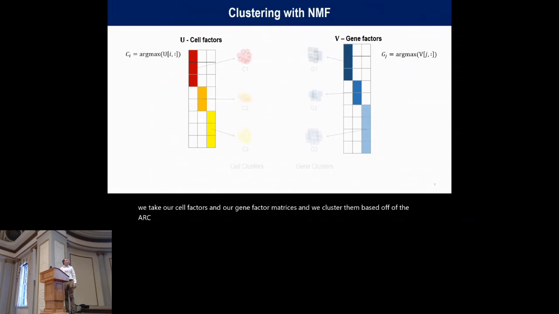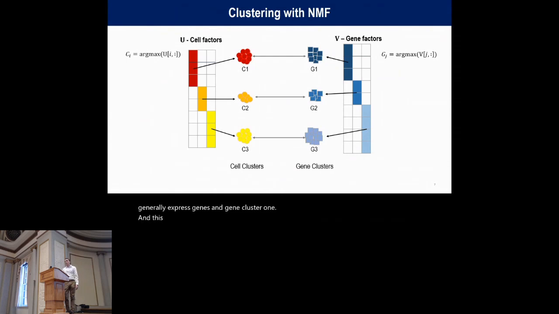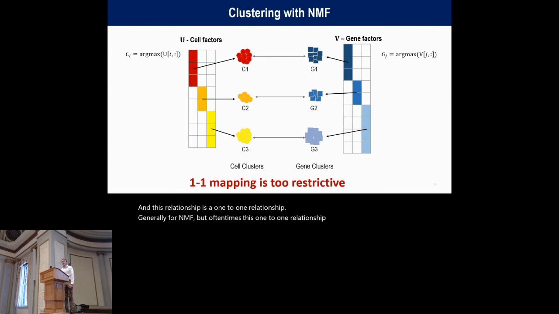This defines a set of cell and gene clusters where the cells in cluster 1 generally express genes in gene cluster 1. This relationship is generally one-to-one for NMF, but oftentimes this one-to-one relationship is too restrictive, because cells from cell type 1 and cell type 2 may share common pathways, and so we need to be able to identify these.